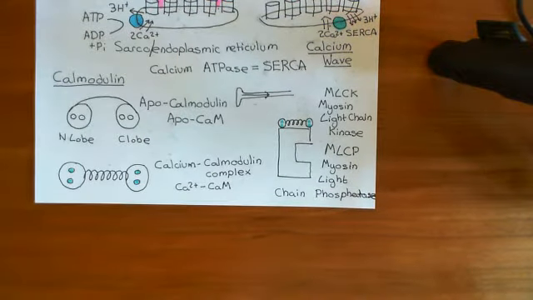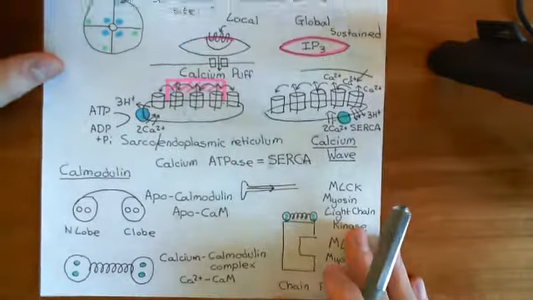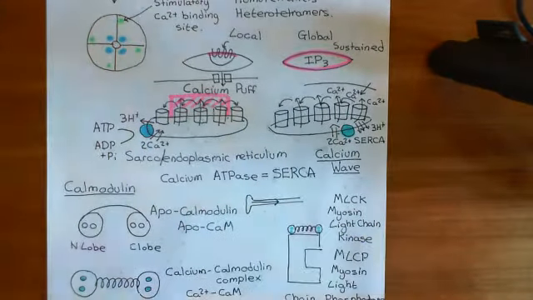So that then causes the relaxation of these smooth muscle cells. Right, so that then is how our alpha-1 receptors, when stimulated by either adrenaline or noradrenaline, will cause contraction of smooth muscle cells, which is their main localization.